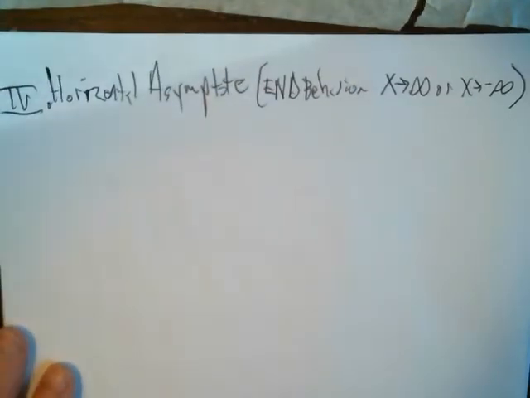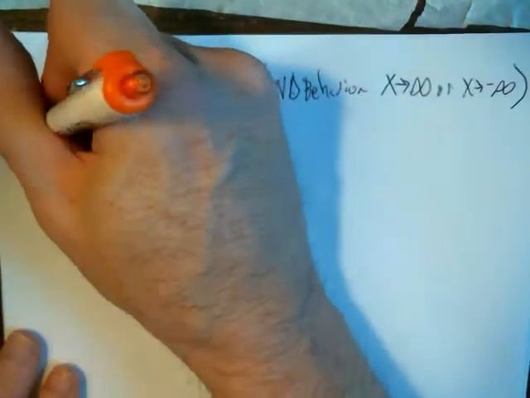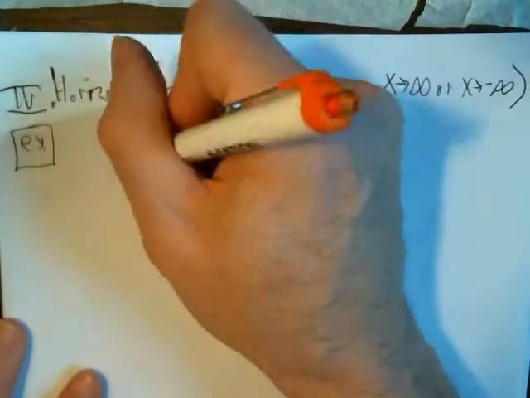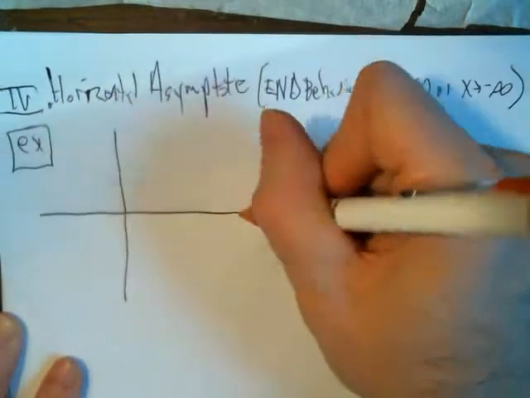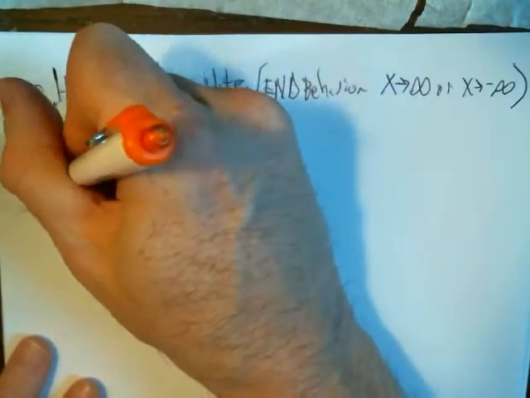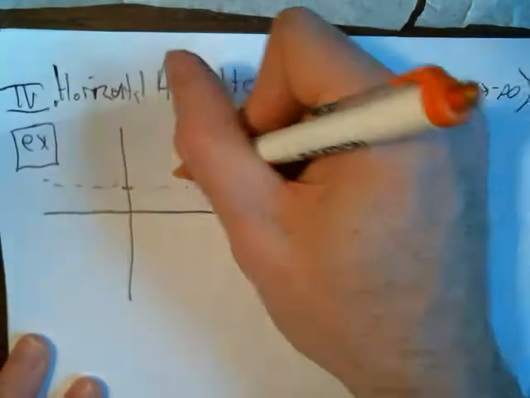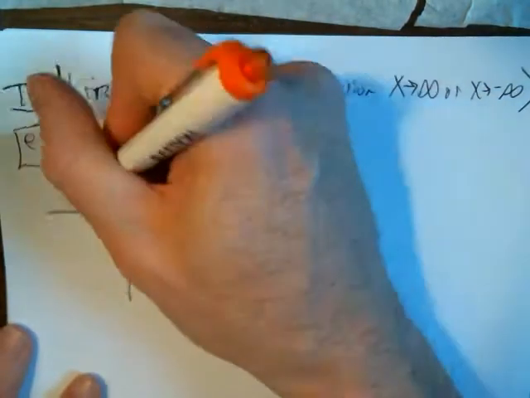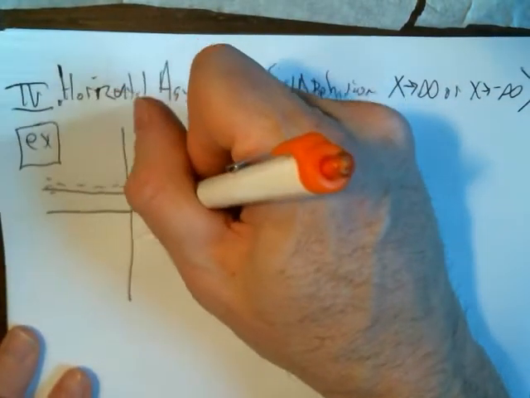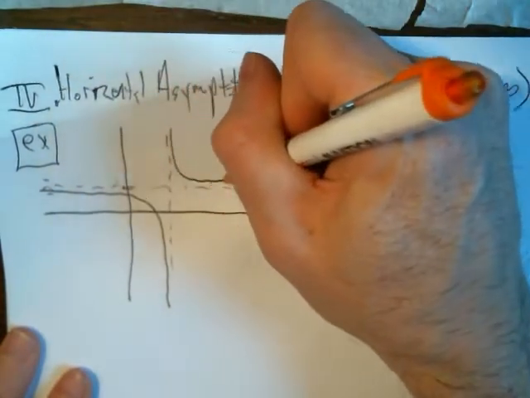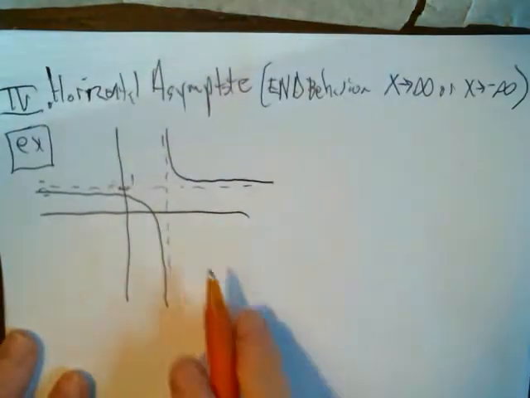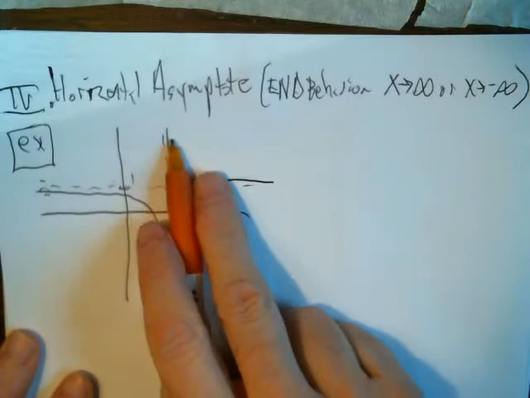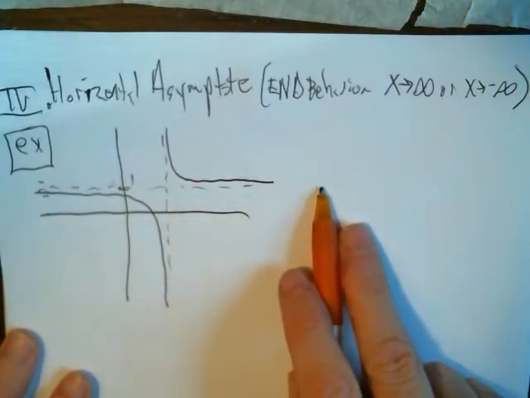An example of this phenomenon: let's say this will be our horizontal asymptote right here, and maybe there's a vertical one right here. I have this kind of behavior. As x goes to infinity, the y values are getting really, really close to 1.